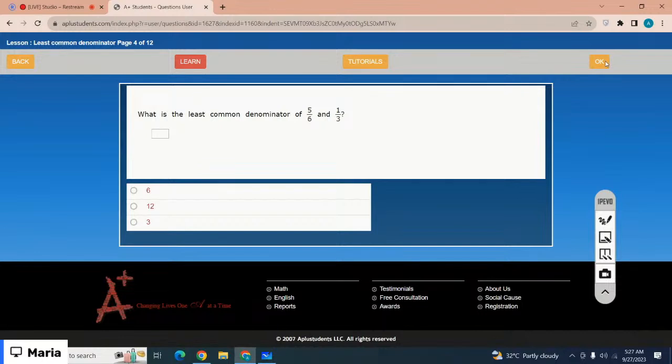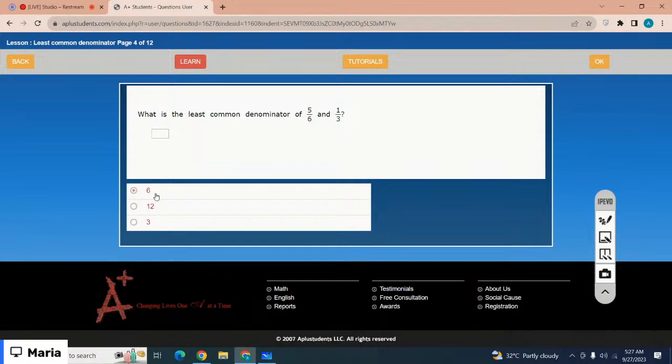The very easy way I am explaining. Just listen, right? You have to find the least common denominator of 1 by 3 and 5 by 6, right? The smaller number is 3 and 3 times 2 makes 6. That is the greater denominator, right?